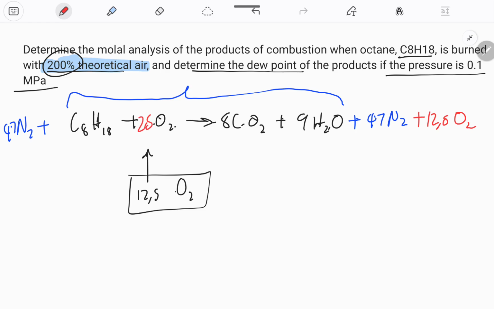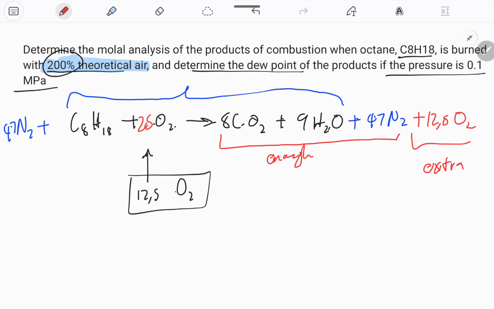This 25 oxygen, the first part will just handle the reaction. That is enough oxygen. And then this one is extra, or in the most chemical term, excess. So I think everything is balanced out.